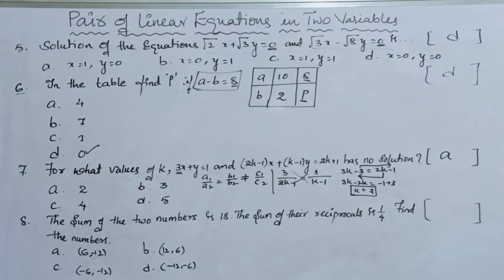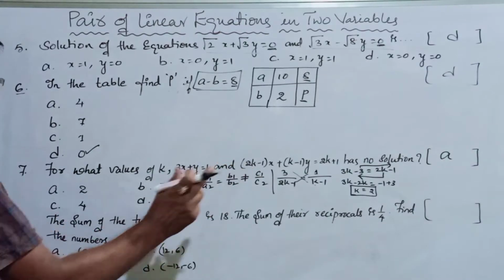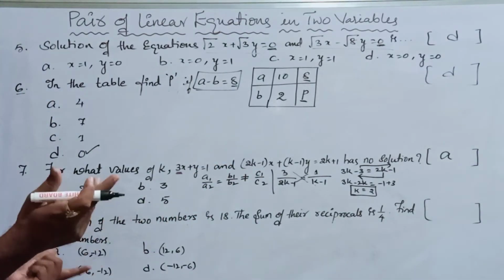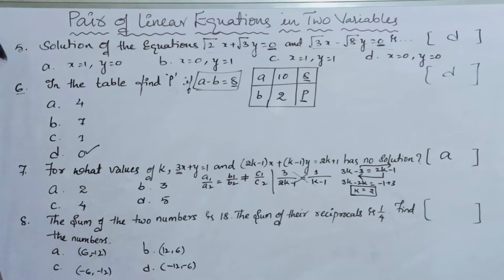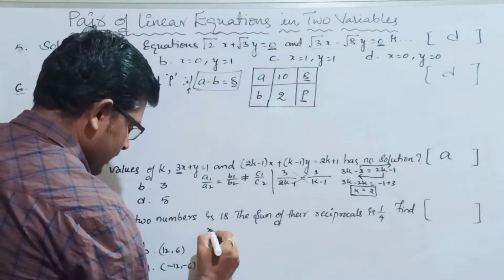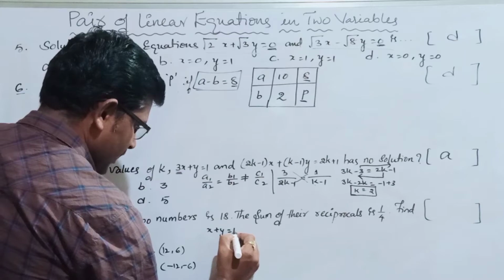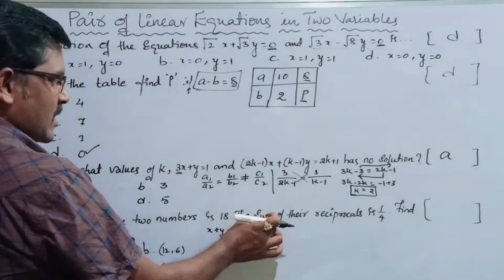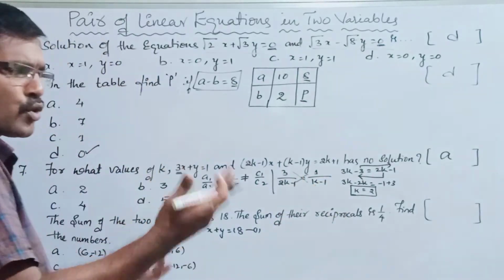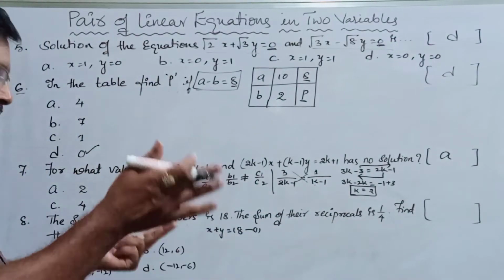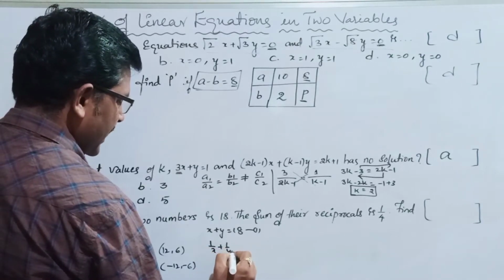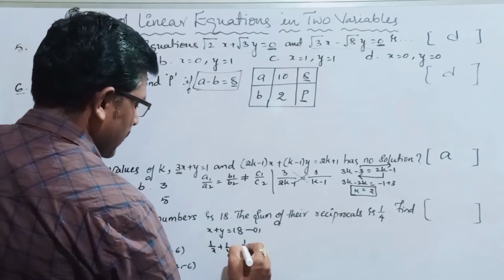Next, coming to 8th question. The sum of the two numbers is 18. Here we don't have numbers. Sum of two numbers means, let us take x and y. So sum of two numbers means x plus y is equals to 18, equation 1. Then the sum of their reciprocals. Reciprocals means 1 by x plus 1 by y is equals to 1 by 4.